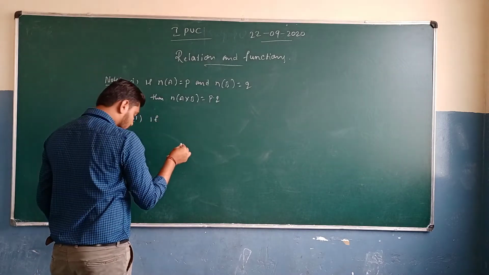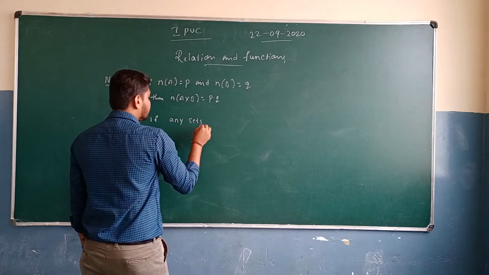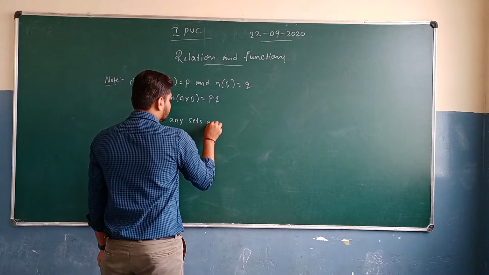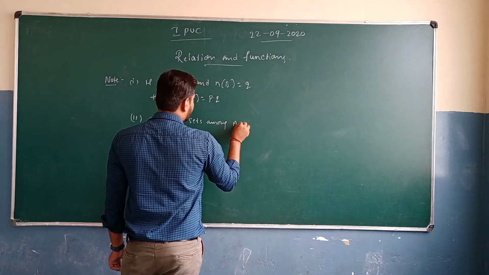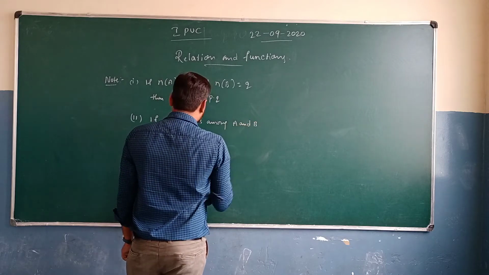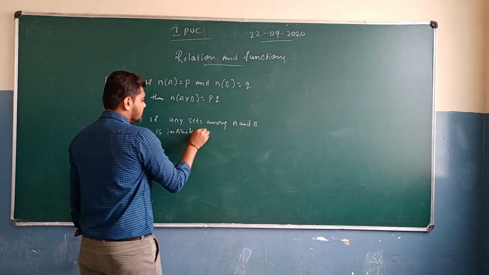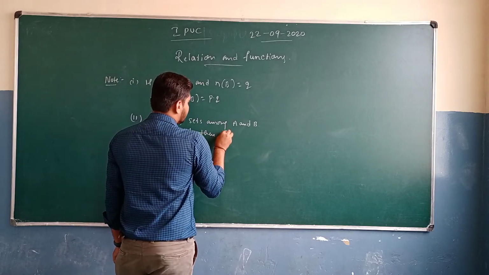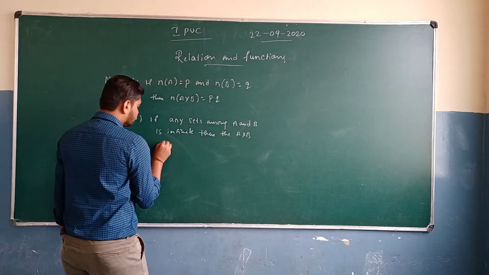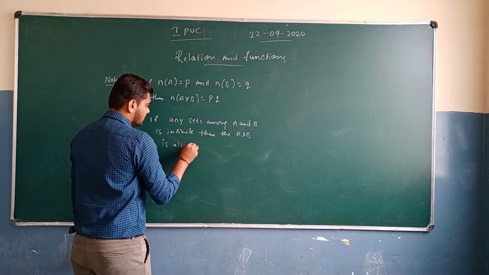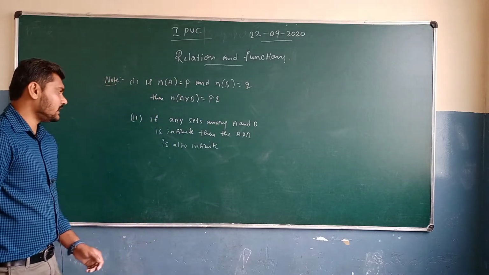If any set among A and B is infinite, then the Cartesian product A cross B is also infinite. So here is the second one.